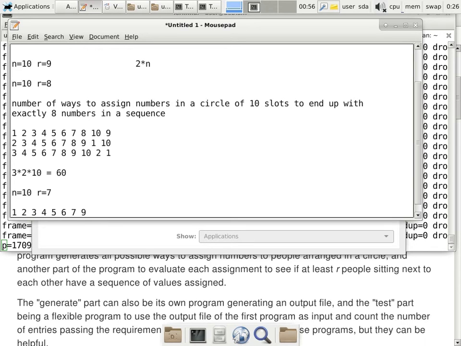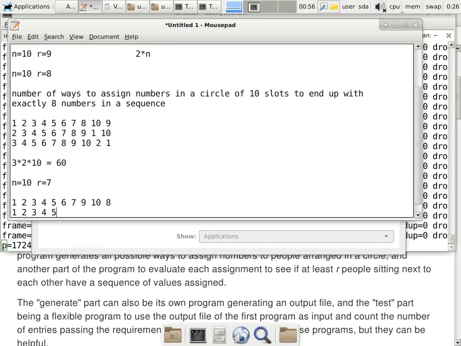So out of the remaining numbers, which is an 8 and a 10, the ordering of those 2 is not important. So I have a 10 here or 8 here, or I can end up with something like this, but reversing the 8 and the 10, because those 2 are considered unique. And yet, at the same time, they both meet the requirement of we have exactly a sequence of 7 numbers. Are we doing okay so far with this one?